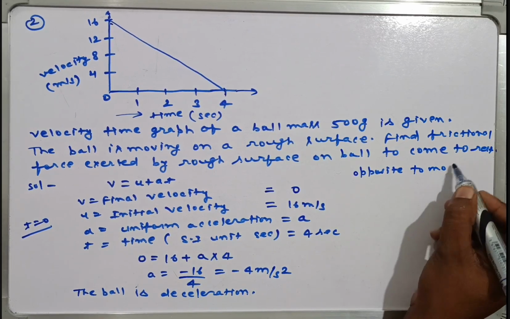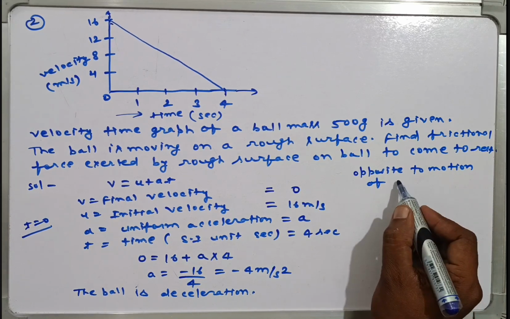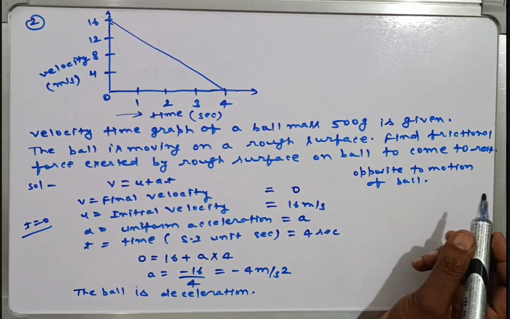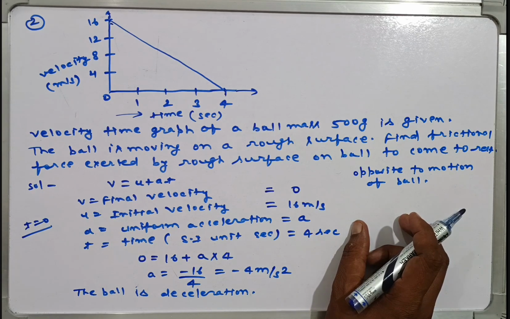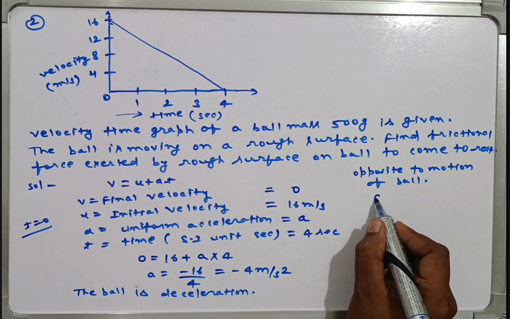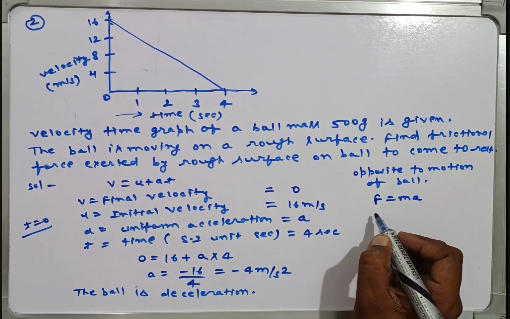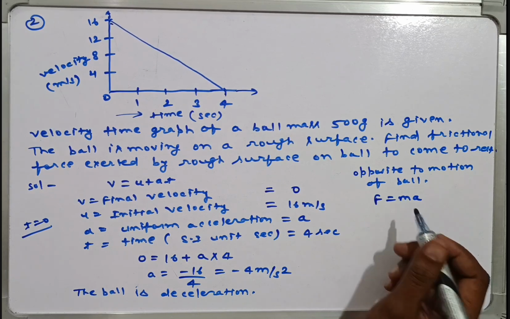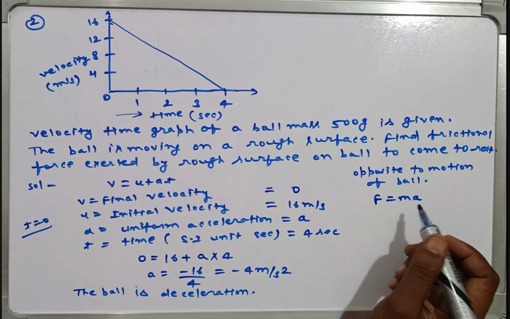to the motion of the ball. Okay guys, in our previous lecture, force and laws of motion, in the second law, F equal to ma, where F is constant force, m is mass and a is acceleration.